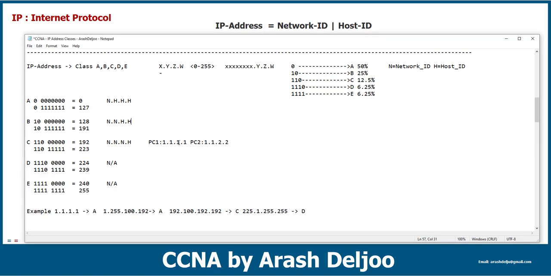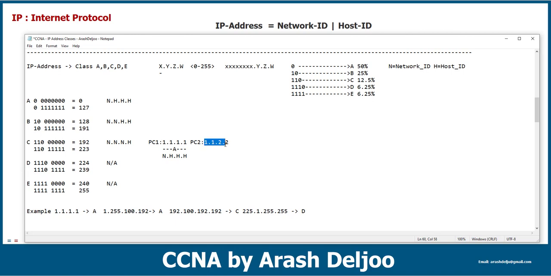You know that PC1 has this IP address, quad 1, and 1 means PC1's address is residing in class A. This is a class A address. You know it now, okay? And in class A, the network part is only the first octet. This is the network, this is the host, and host. Because of that, PC1 should compare only the network address, meaning the first octet, with the first octet of the destination IP.